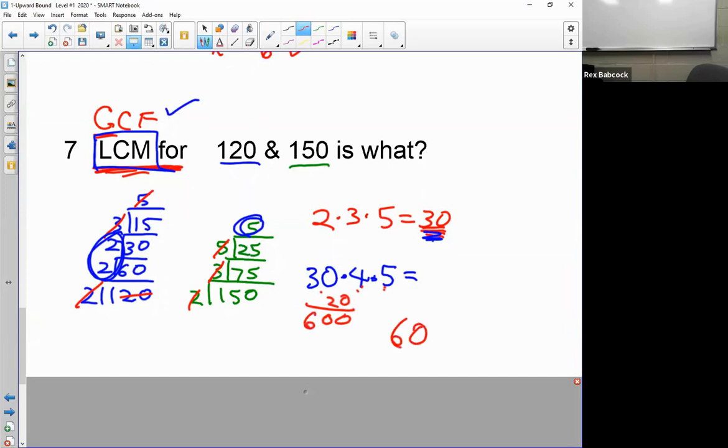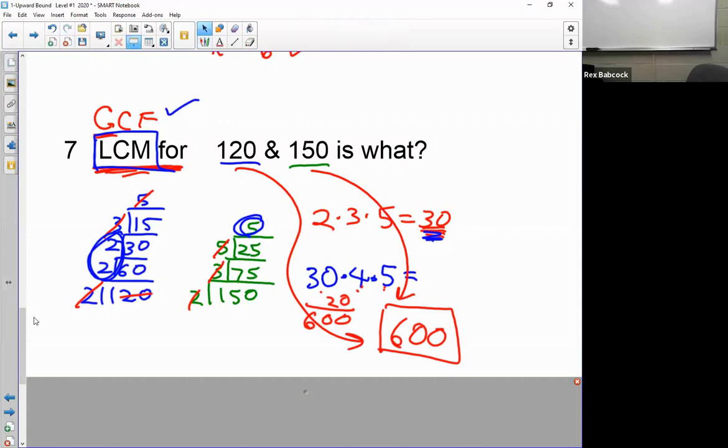The answer is 600. I'm saying that's the smallest number that 120 will divide into, and 150 will. There's no smaller number. It's called the least common multiple. More often than not, that's used on adding fractions, and we call it the lowest common denominator. Questions there?